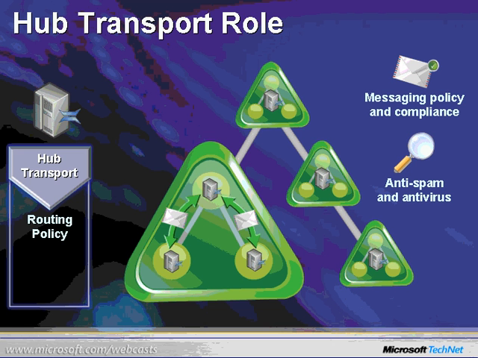So by the way, I forgot to mention, for every AD site that has a mailbox role, you do need a hub transport role in that site, as well as a client access server role, right? So to have a fully functional Exchange environment, you need at a minimum mailbox, client access, and hub transport. Those are the three you need at a minimum.